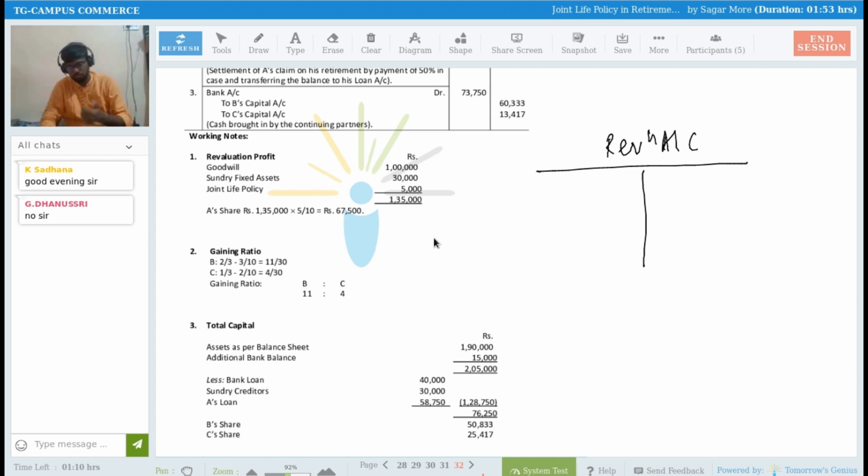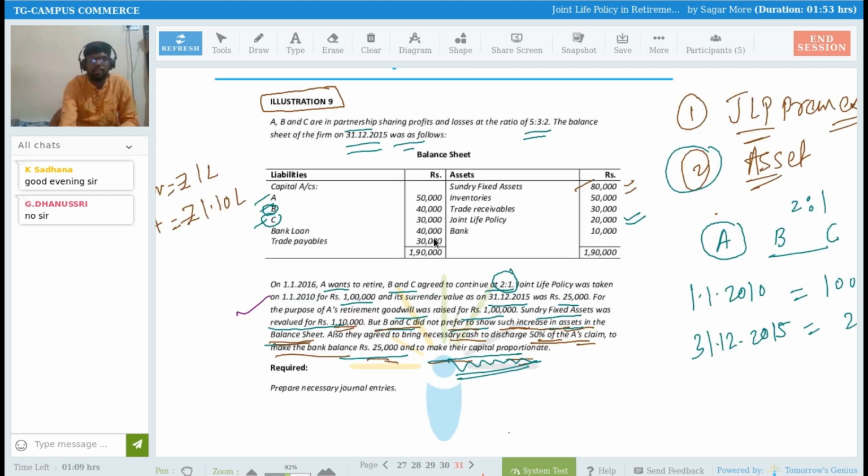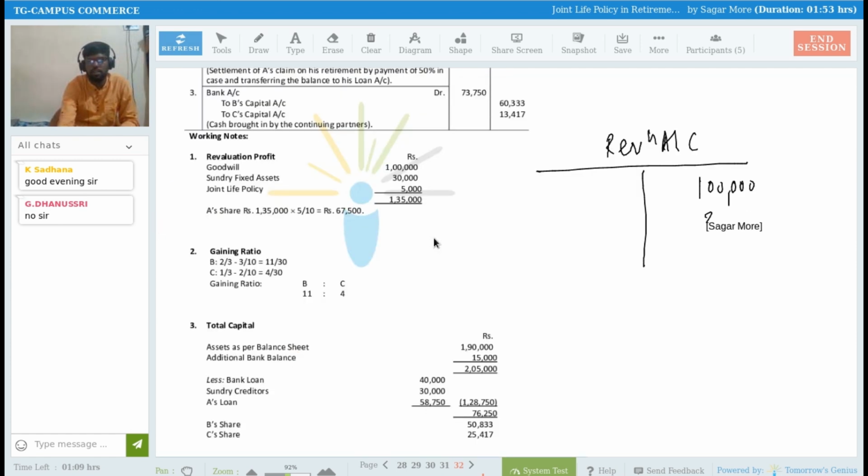It's an income and gain for you. So goodwill increased by rupees 1 lakh totally. Then the value of fixed asset is now 1,10,000, as given in the question. Previously it was 80,000, so it increased by 30,000. I'm writing here it increased by 30,000.